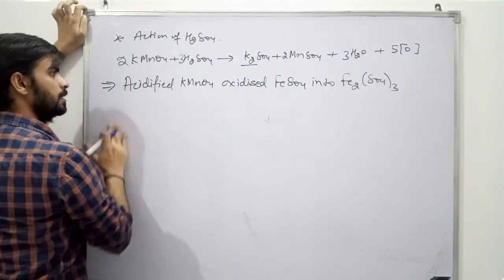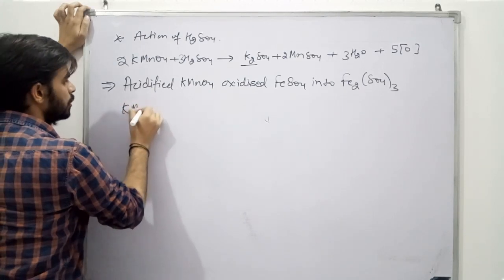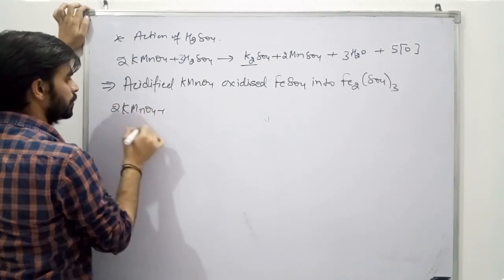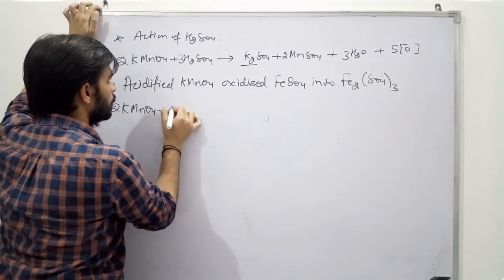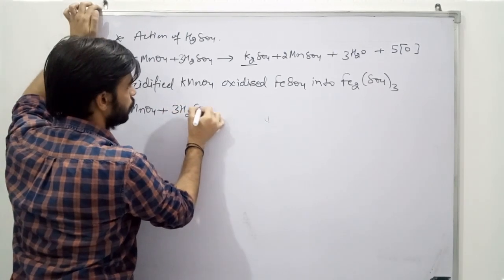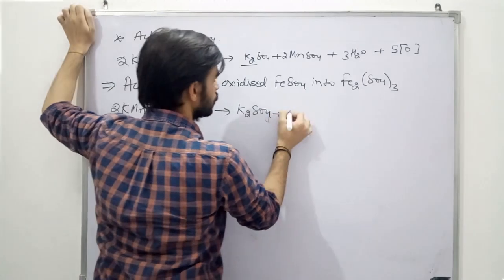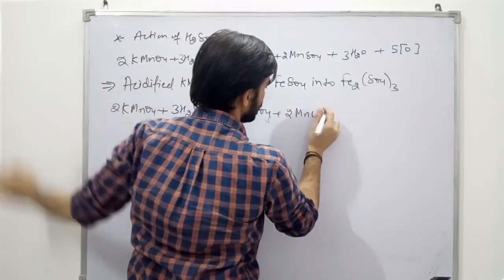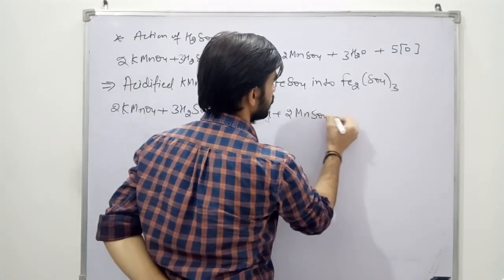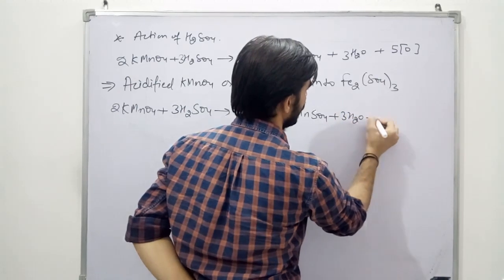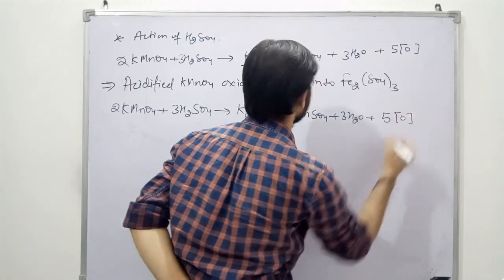Let's take the reaction: 2KMnO4 plus 3H2SO4 gives K2SO4, 2MnSO4, 3H2O and 5 nascent oxygen.